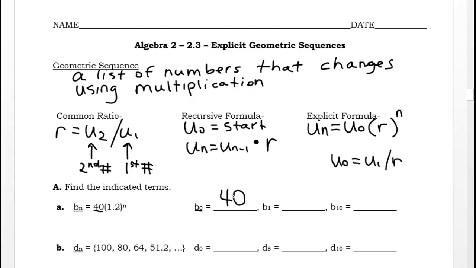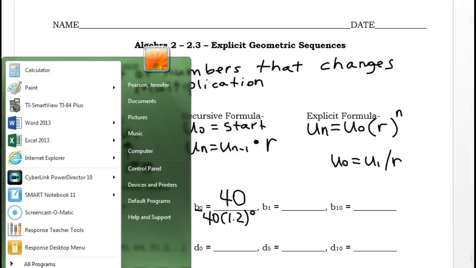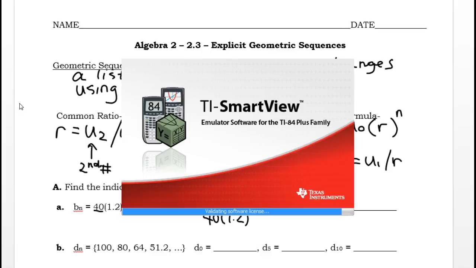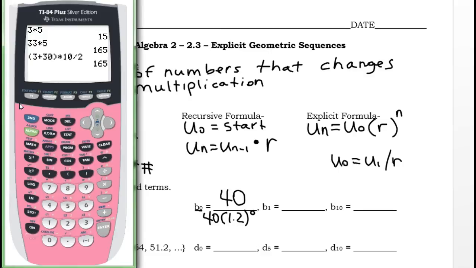If that wasn't super obvious, we should be able to use our explicit formula and type that right into our calculator. I'm going to open up my calculator. And that would tell us the answer. 1.2 to the power of 0 times 40 is 40. But I want to bring this up to make sure everyone knows how to type that into the calculator. So we have our 40 times 1.2.